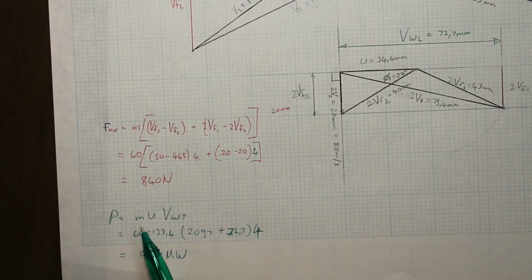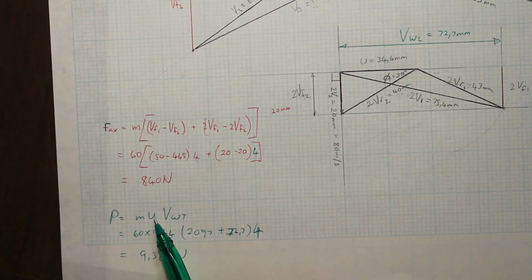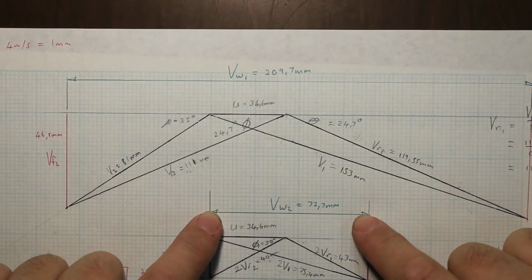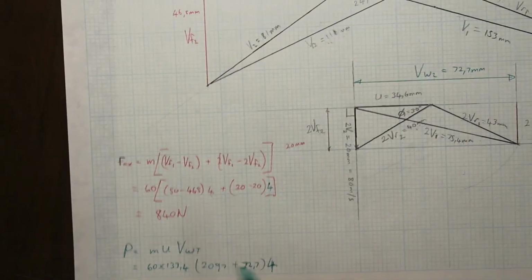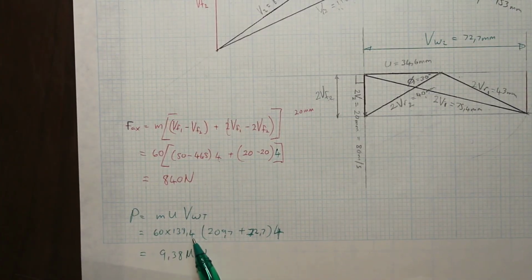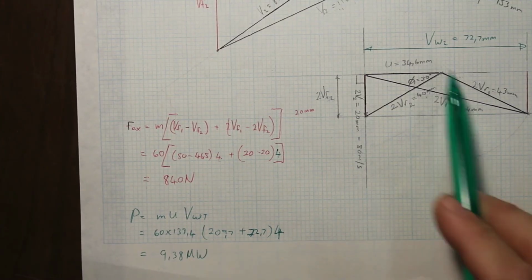So the formula is the mass flow rate times the velocity of the moving blade, which is u. So it's m times u times the velocity of whirl total. So it's this one for the first plus this one for the second. I've got it here, 60 times 138.4. Remember, that's the actual velocity of the moving blades, u.